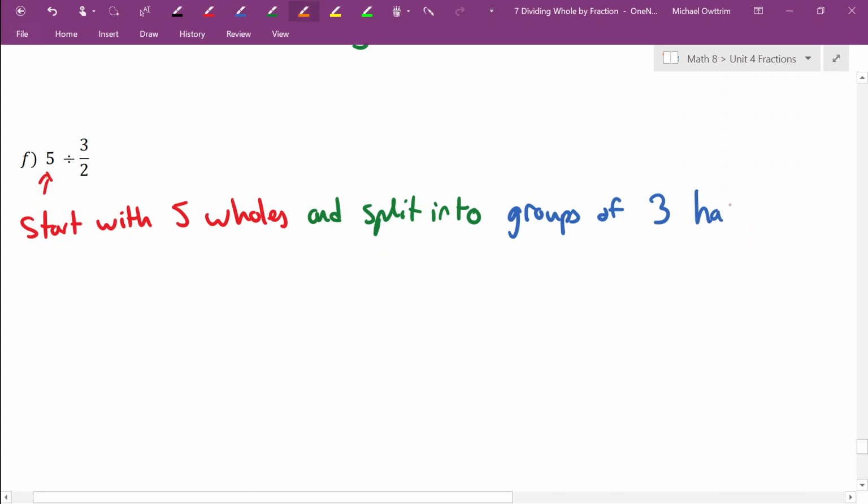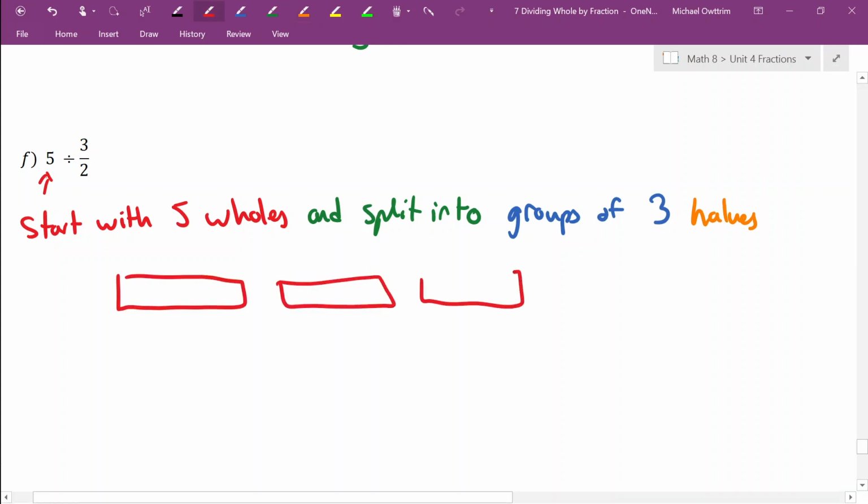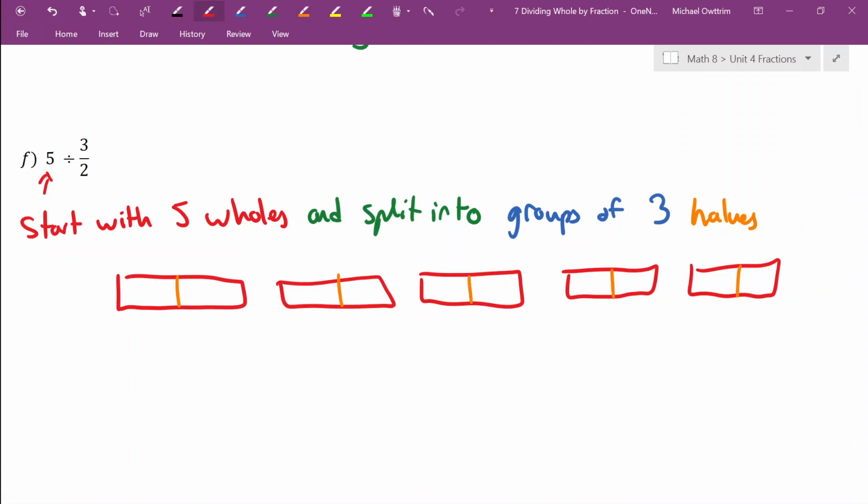Oops. 1, 2, 3, 4, 5 wholes. Let's split each of those in half. Of course, we have all of each of these. And we want to sort groups of 3 halves at a time.